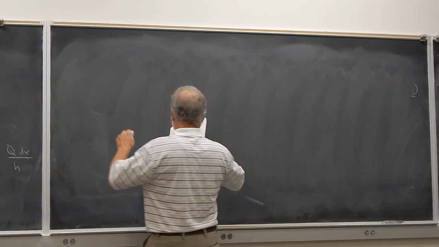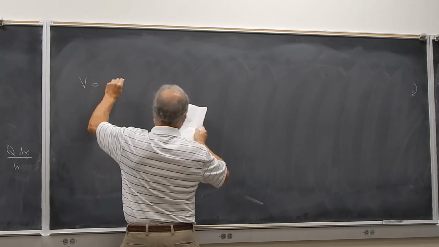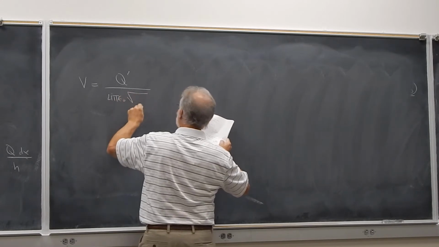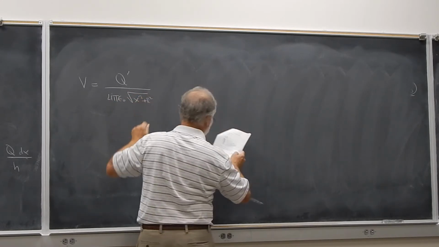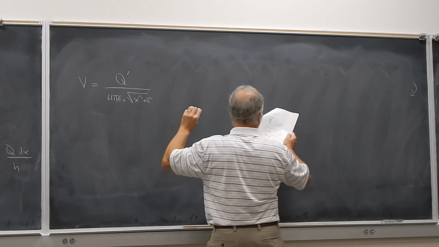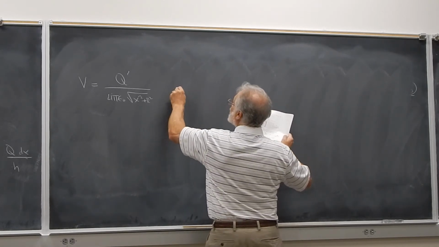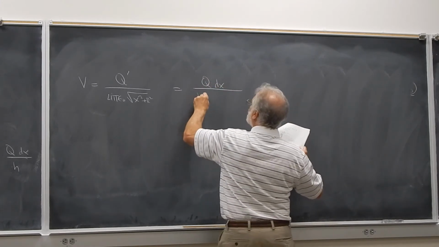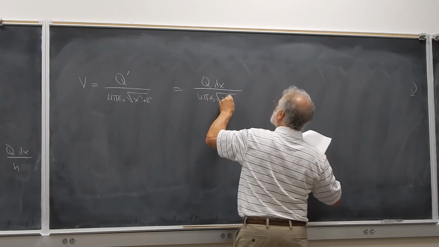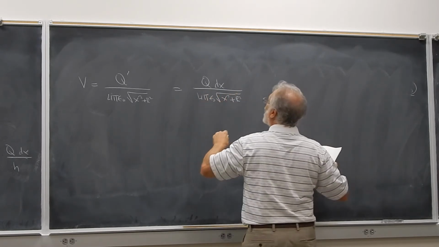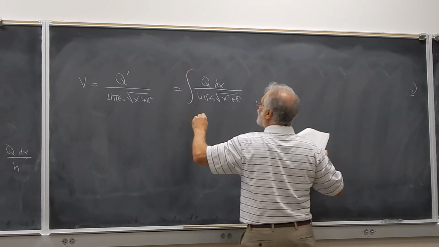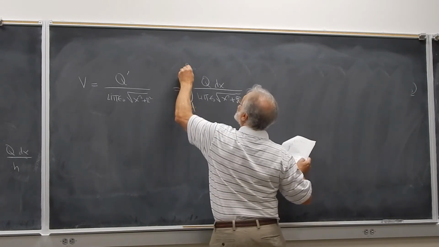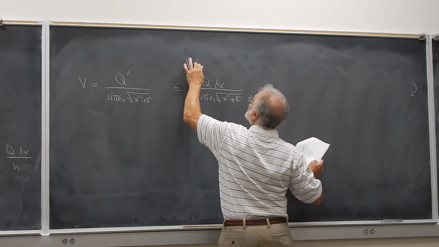So what I'm going to do then is write V for one ring as Q prime over 4 pi epsilon naught square root x squared plus r squared. But now I'm going to write that as Q dx over h times 4 pi epsilon naught square root x squared plus r squared, and integrate over the length of the cylinder, from d to d plus h.